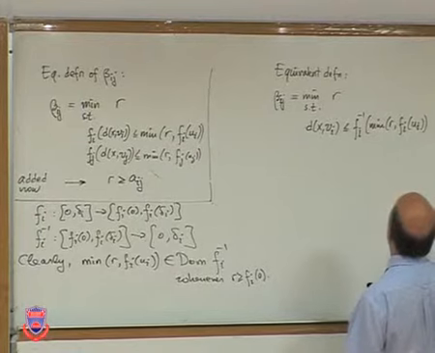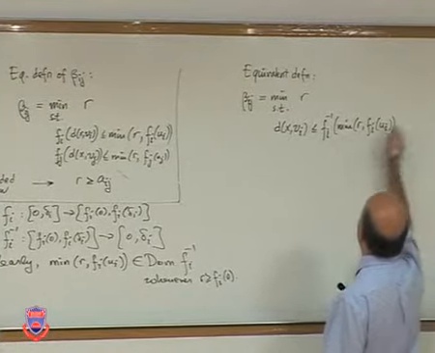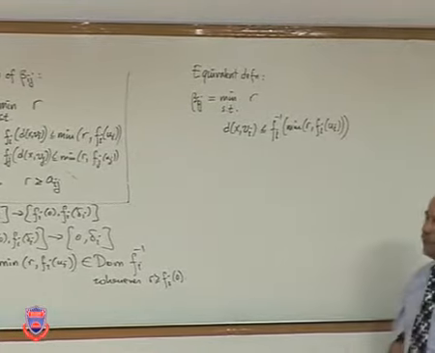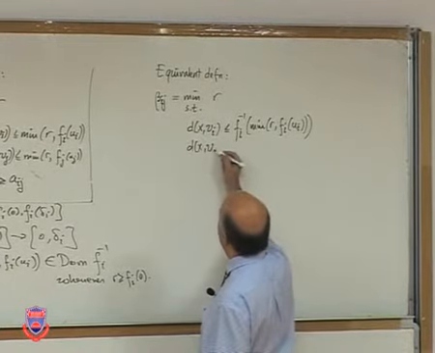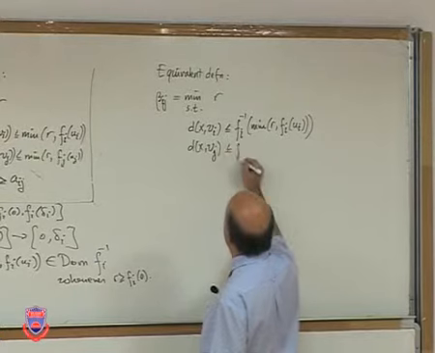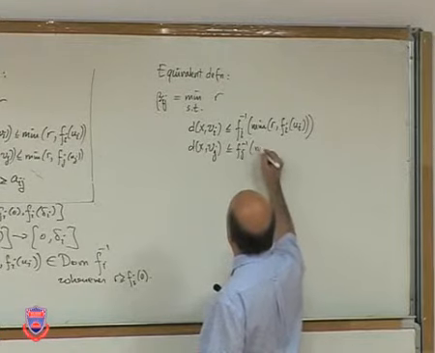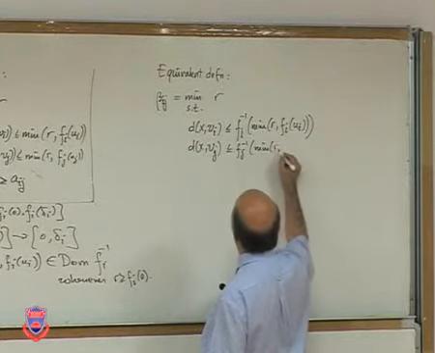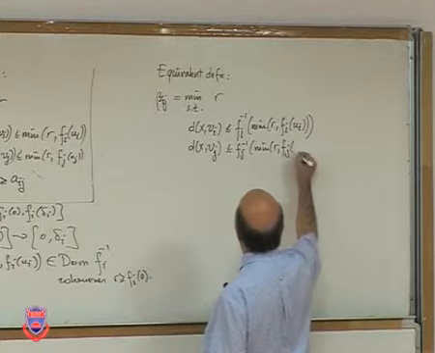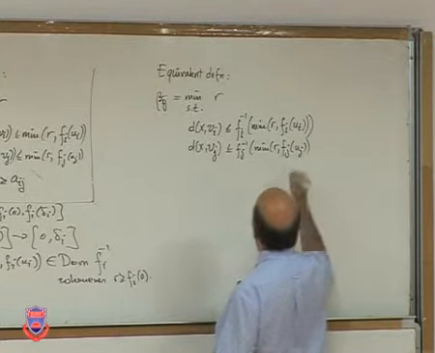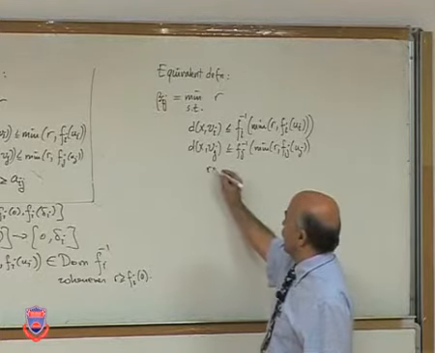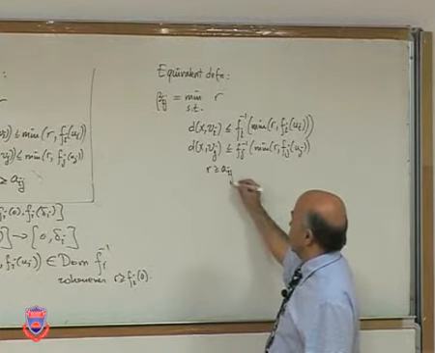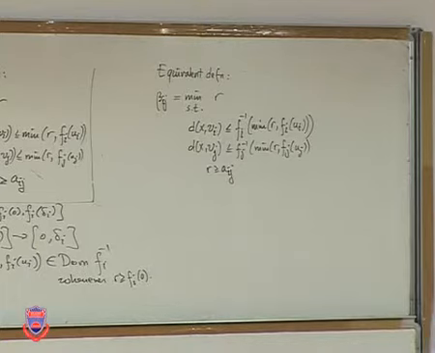How many parentheses do I need? 1, 2, 3, 4, 5. Okay, one more. And similarly, the other one. Provided AI is greater or equal R is greater or equal Aij.